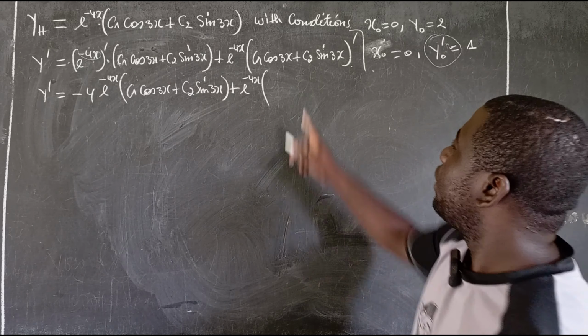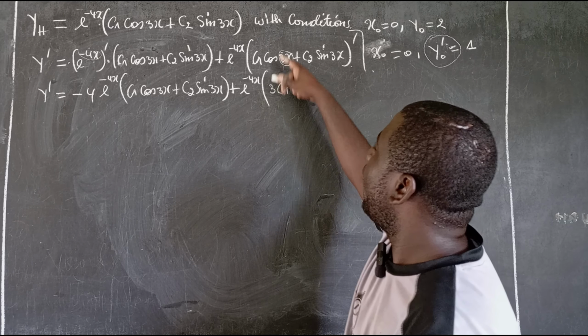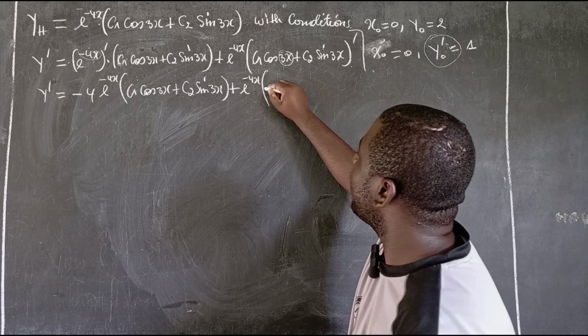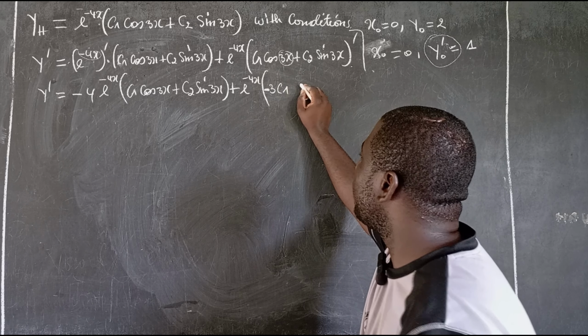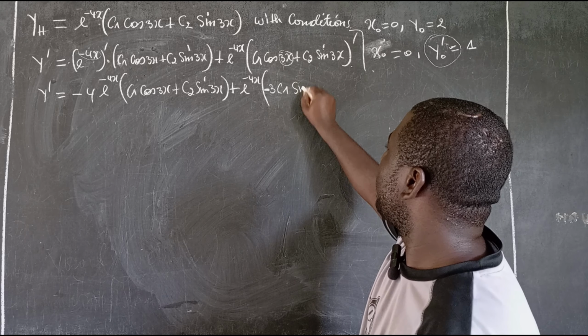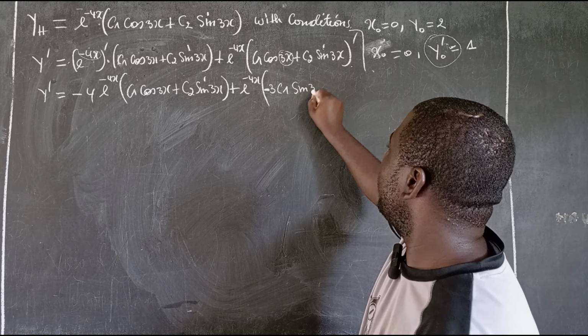The derivative of cosine 3x gives 3, but remember the derivative of cosine is negative, so this will be negative 3C1 sine 3x, plus the derivative of sine, which is 3C2 cosine 3x.